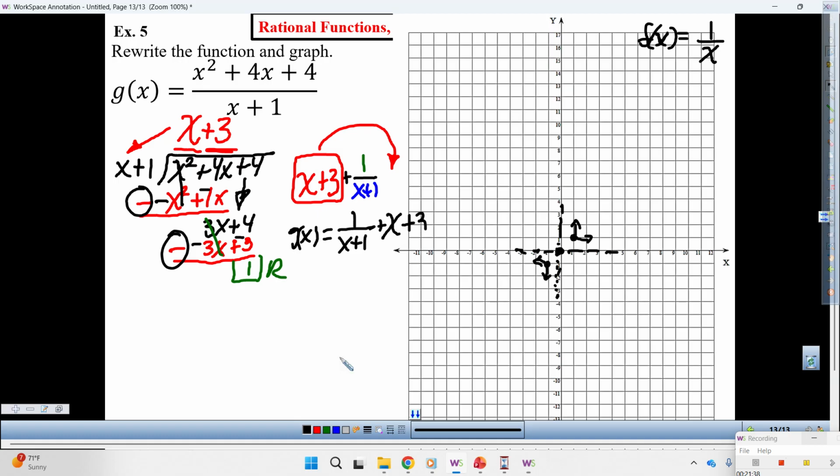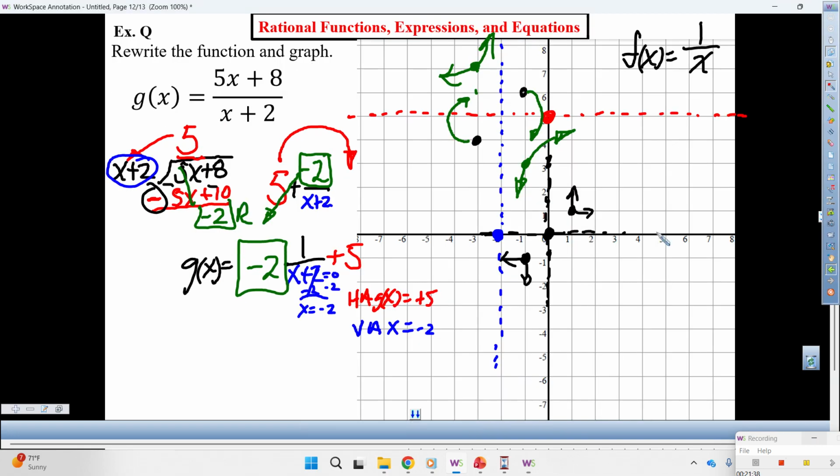So we need now a new HA for g of x. Now let me go back to the previous one. The previous one, look up, our HA, Carlos, after going back and forth, he said, oh, it's positive 5. Our HA is positive 5, or the last part of the fraction. You guys see that?